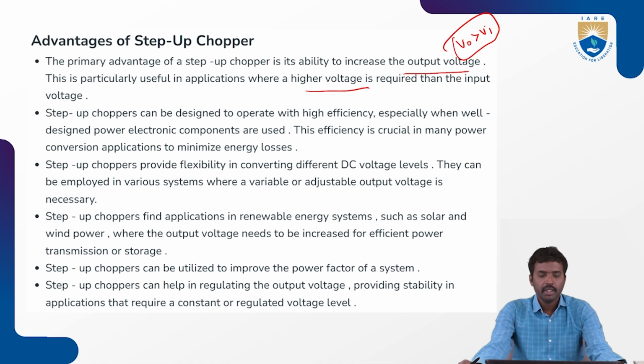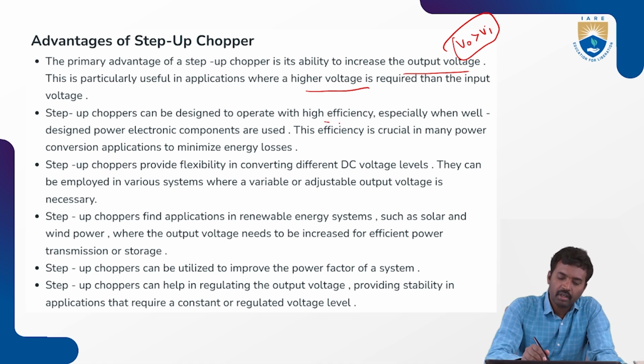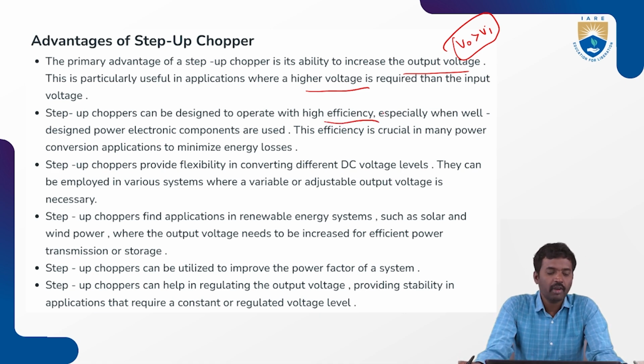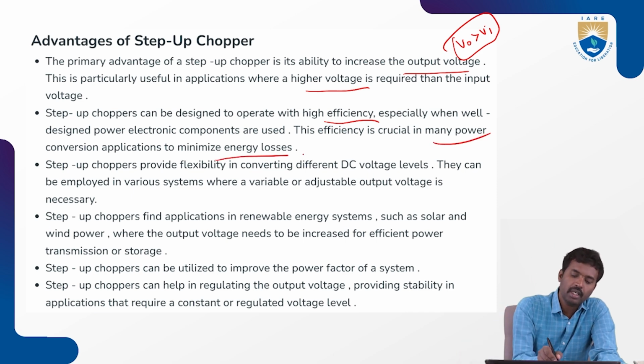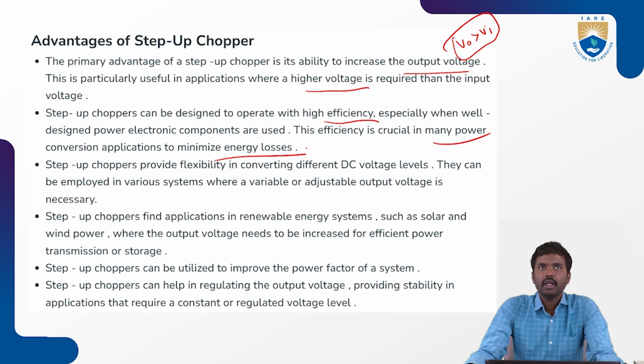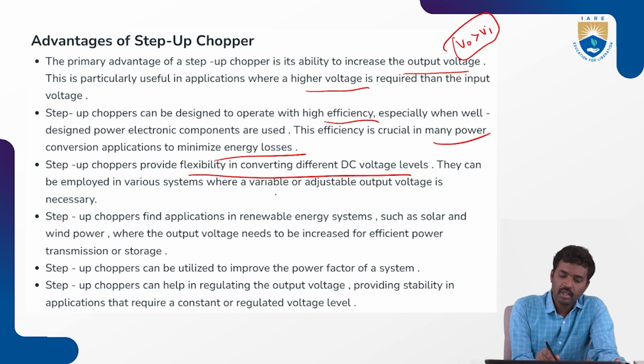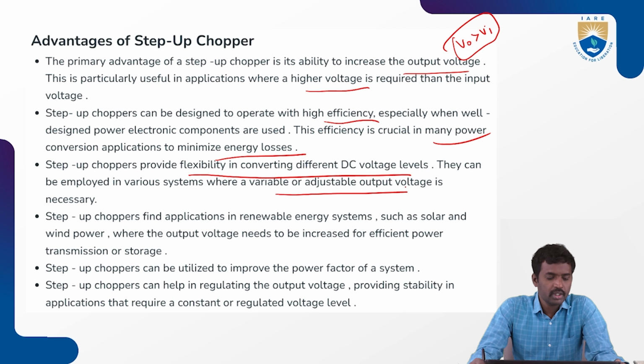Next, it can be designed to operate with higher efficiency, especially when well designed power electronics components are used. Efficiency is crucial in many power conversion applications to minimize energy losses. And step up choppers provide flexibility in converting different DC voltage levels, so they can be employed in various systems where an adjustable output voltage is necessary.